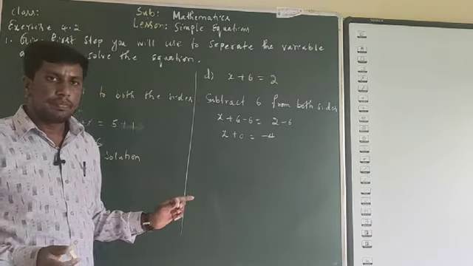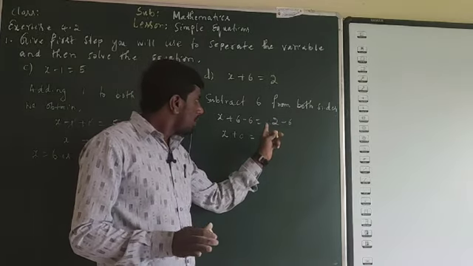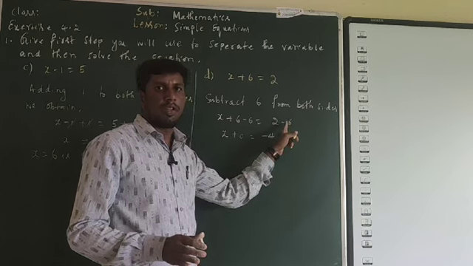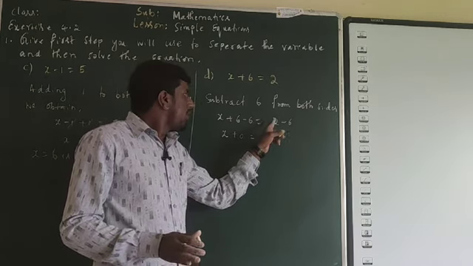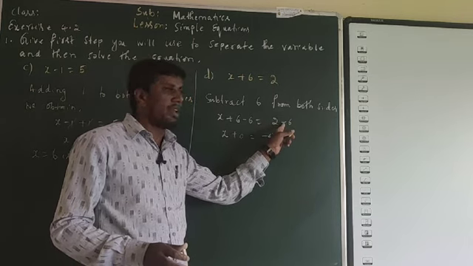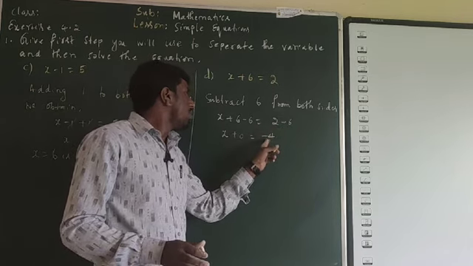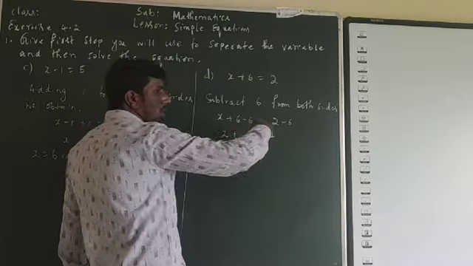It's very clear. I need to subtract 6 from 2. It's not possible. We'll subtract 2 from 6, reverse. The answer is 4. Between 2 and 6, 6 is the higher value. Before the 6, I have a negative sign, so in the answer also I am having a negative sign. Clear? This is true for all the values.